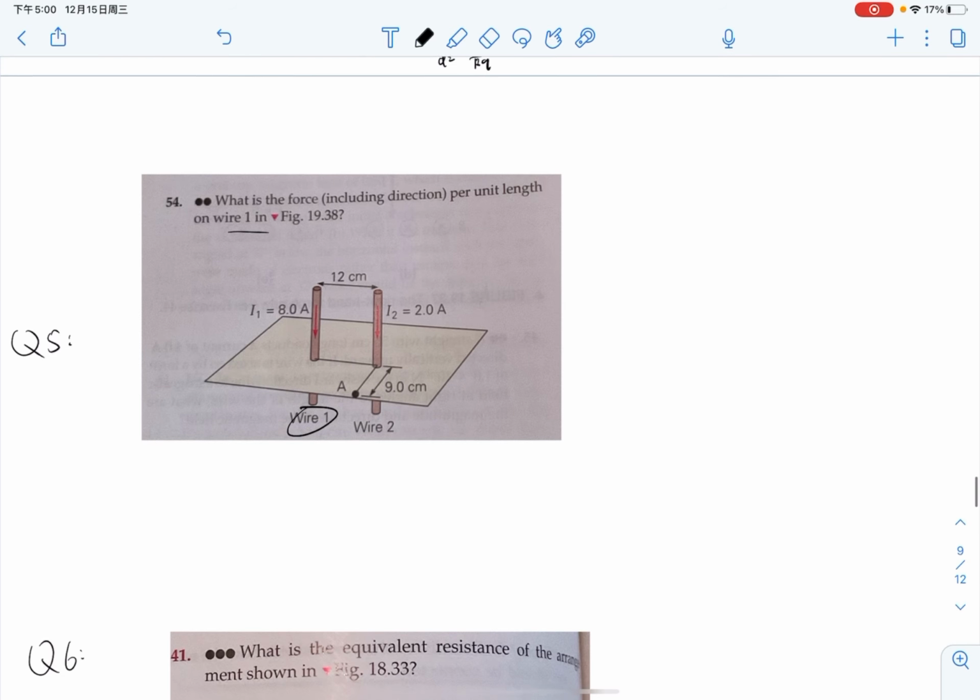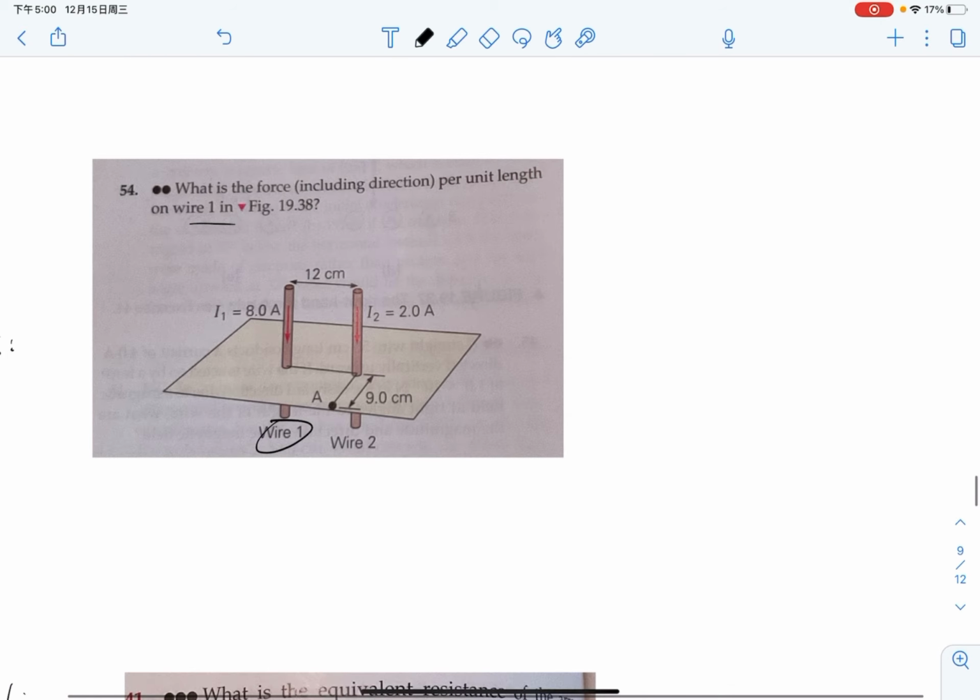The first equation is B equal to mu 0 I2 divided by 2 pi R2. And the second equation is F equal to I1 L1 B2.